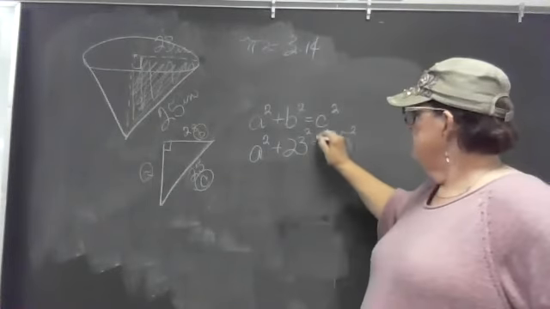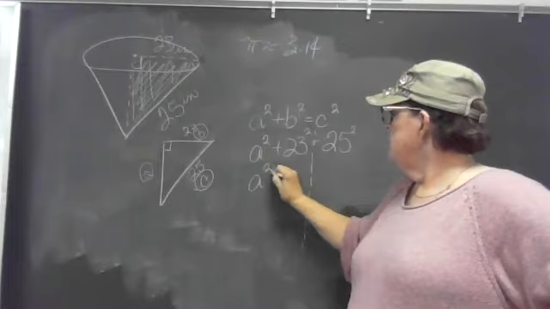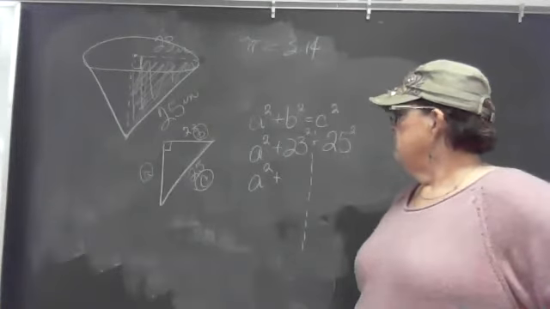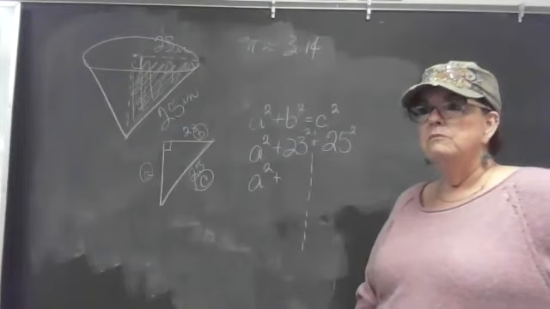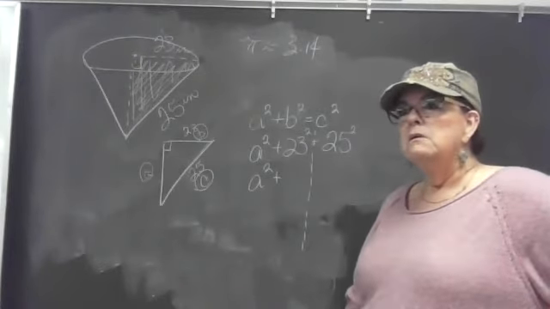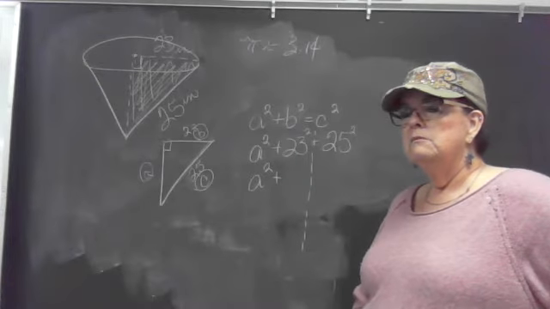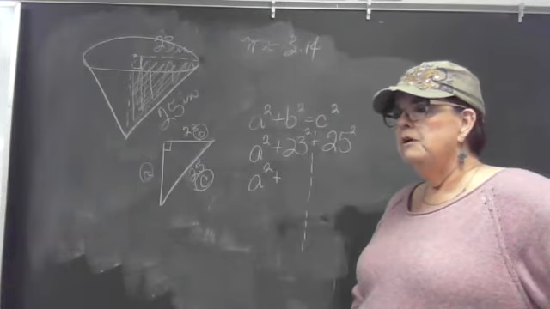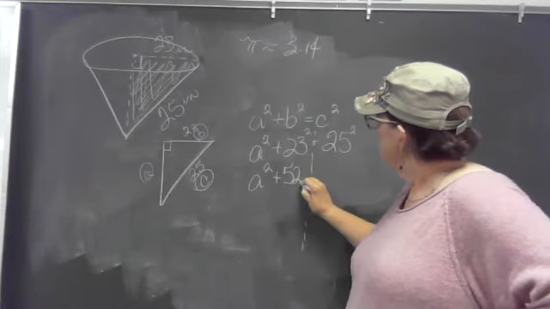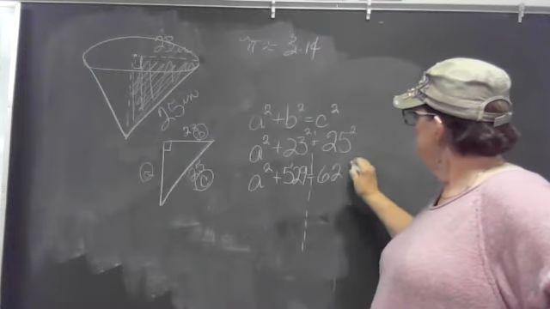Are you remembering this a little bit, Brandy? Oh, yeah. Then we had A squared plus 23 squared. 23 squared? There's a little X squared button. 529. There, good. 529 equals 625.